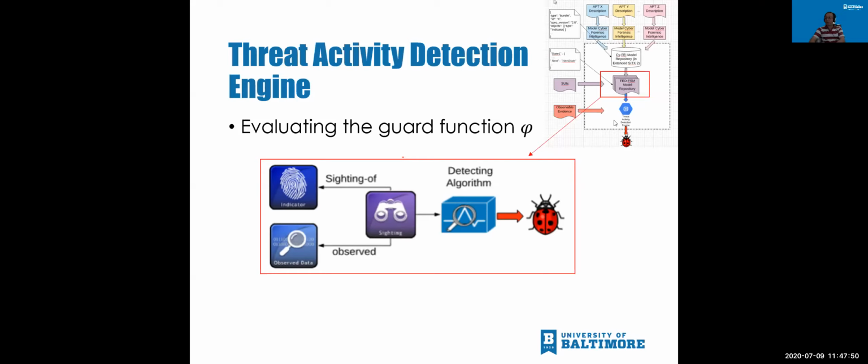Basically the detection engine compares the evidence, like the shared cyber forensic intelligence we collect from other systems, and also the observed data, which is collected from our log files. The detection engine compares the results between the intelligence and the data we collect from our log files.